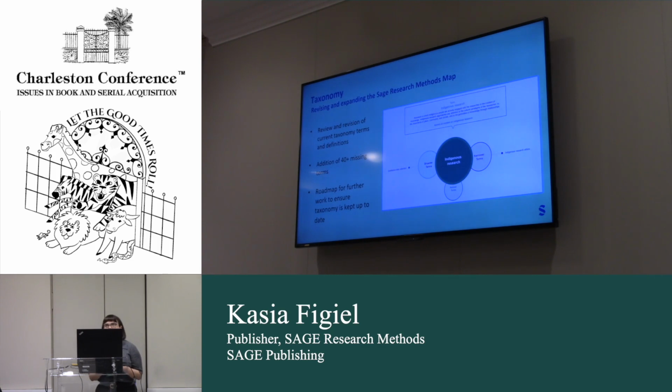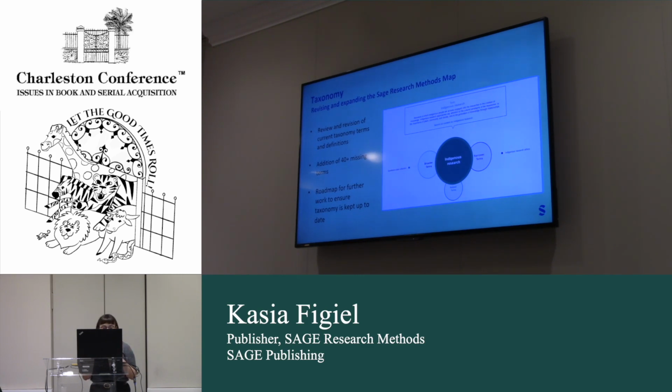So our platform includes what we call a SAGE Research Methods map. This is essentially the taxonomy underpinning the platform which we use for tagging content as well as for search and browse functions.